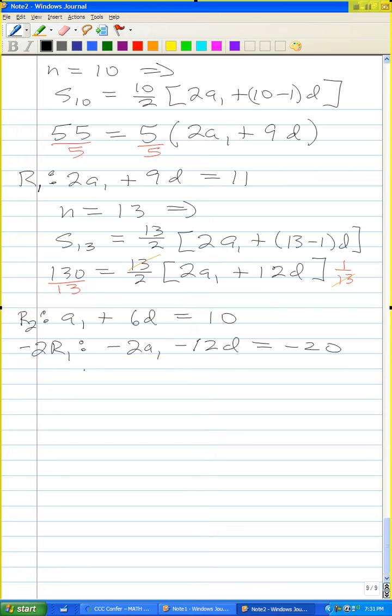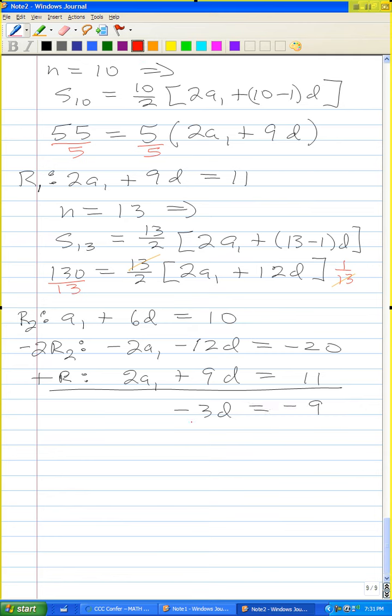And I have here, let's add to our R1, which is 2a1 plus 9d equals 11. So if I add these, I get negative 3d equals negative 9.